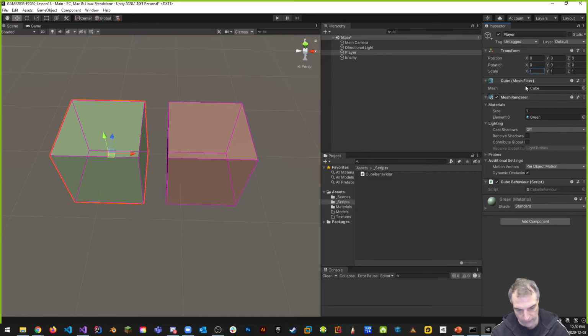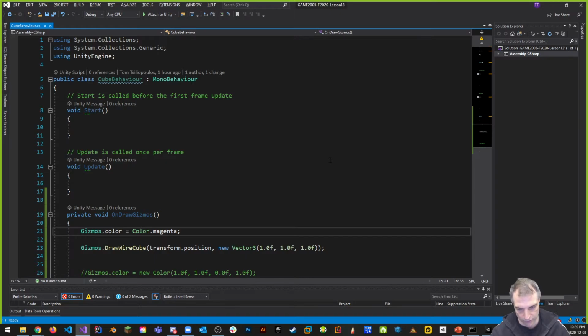Here's our mesh filter right here, and the cube itself has some information for us. Let's see if we can get this information out of here. I'm being intuitive here, I'm not looking up documentation online yet.